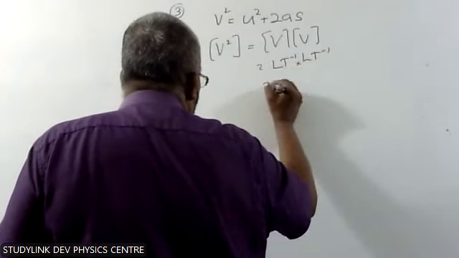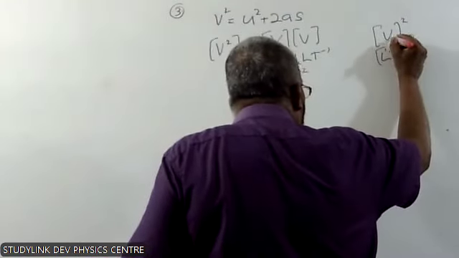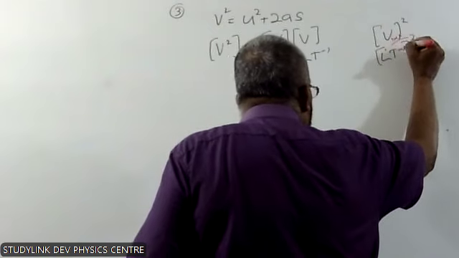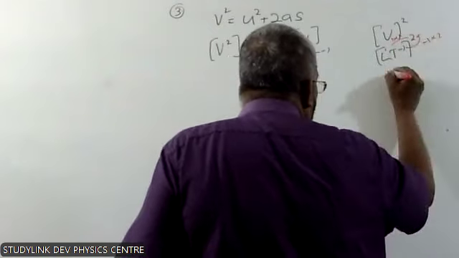Other method, you can directly write v squared. Then LT minus 1 to the power 2. Then what happens is, you mark here 1, then here 1 into 2, this one minus 1 into 2. So then L squared T minus 2.